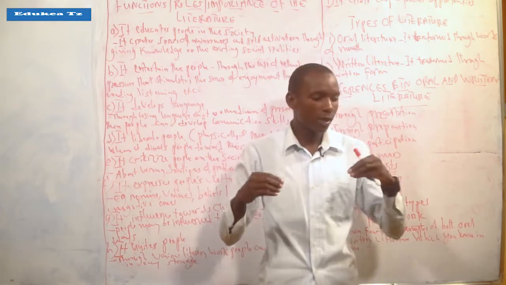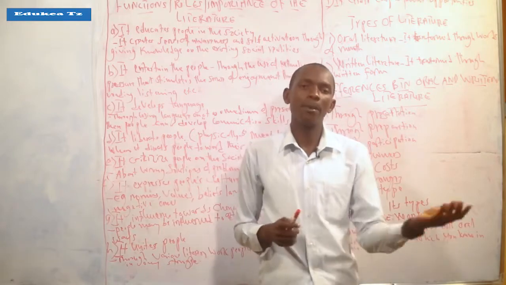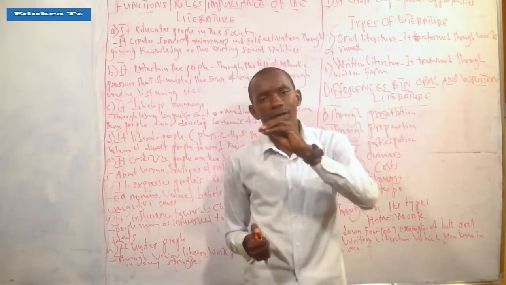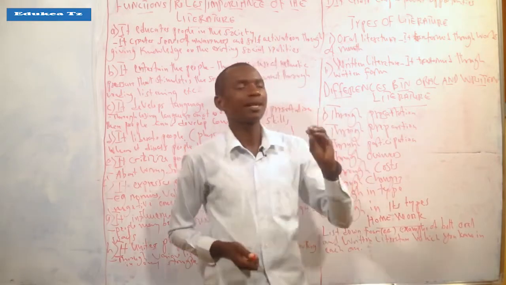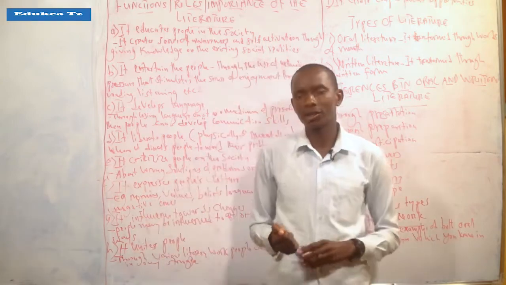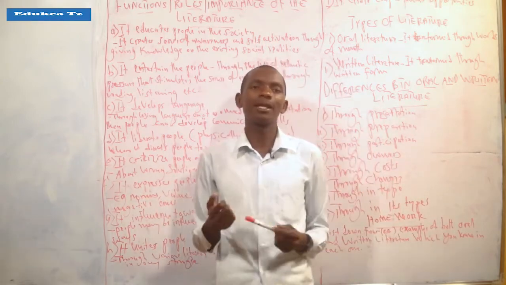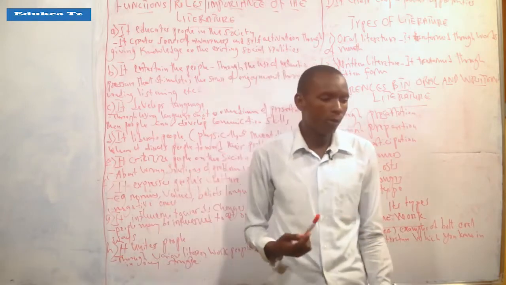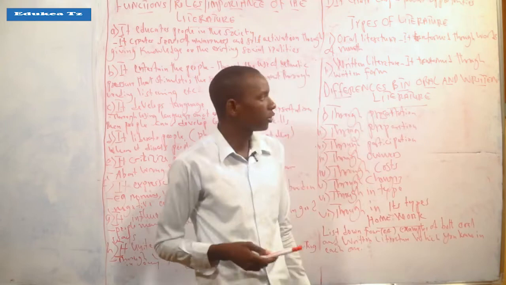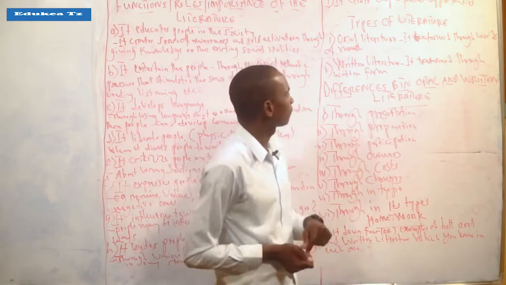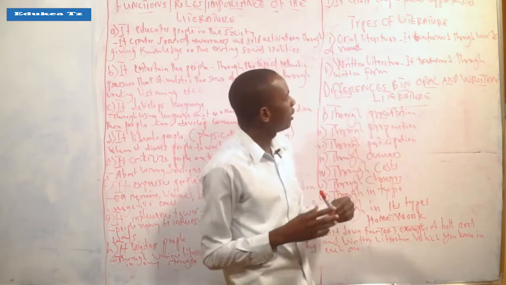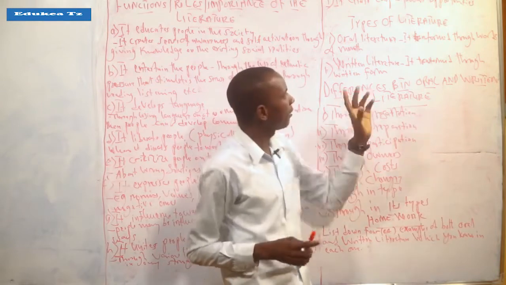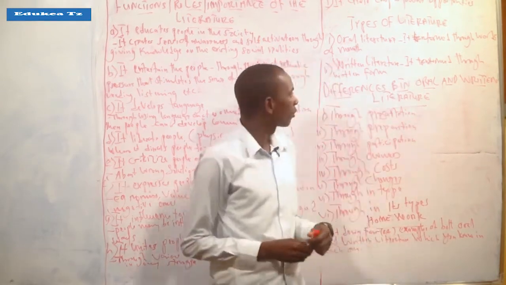If it has been written on paper and people read it, we say that it is written literature. It is written on paper, a book, or other materials which can be used to write it. So here I tried to give you a brief explanation about these types of literature.